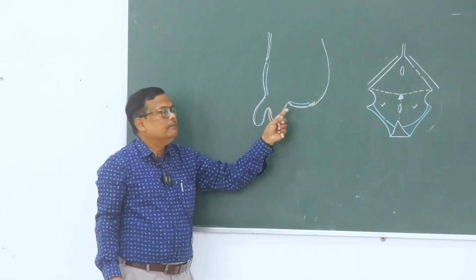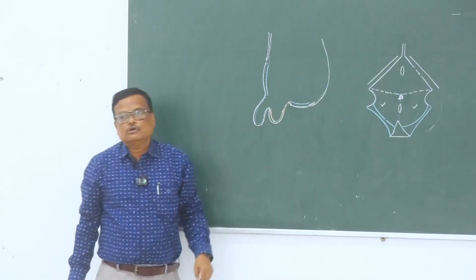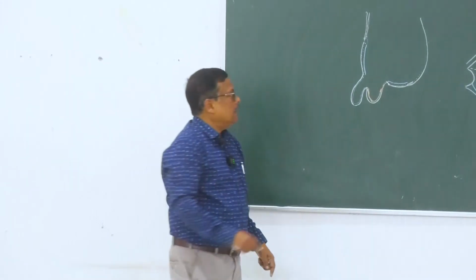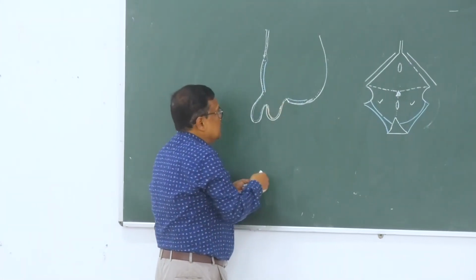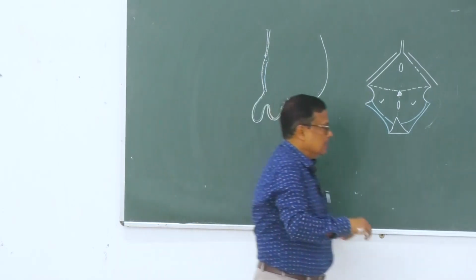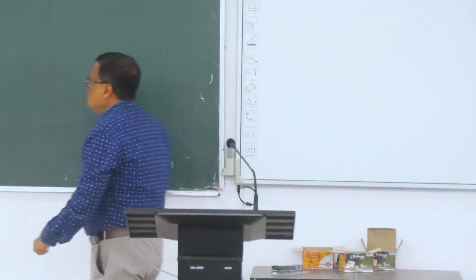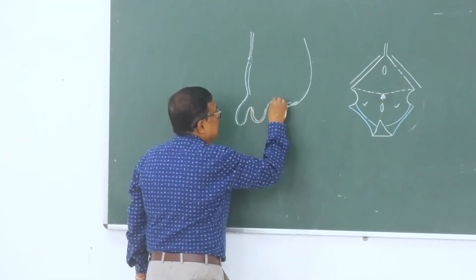Again in the perineum, it spreads to the superficial fascia and the fascia colles. And above this fascia colles, there is another fascial layer, a very strong fascial layer. It is the perineal membrane.